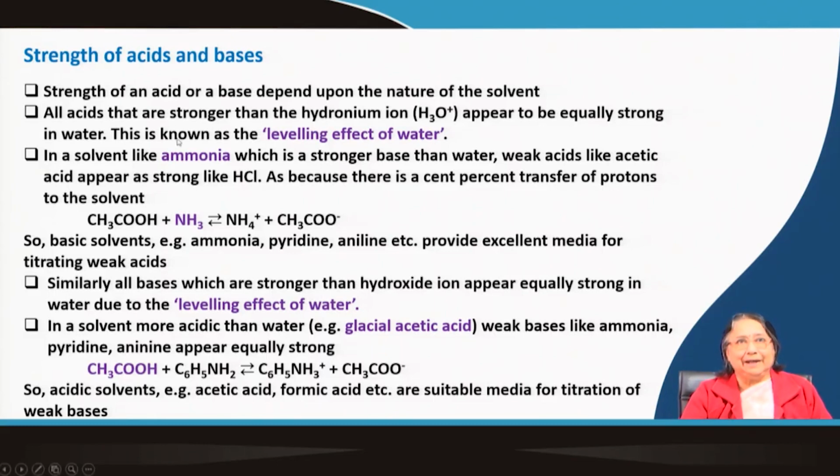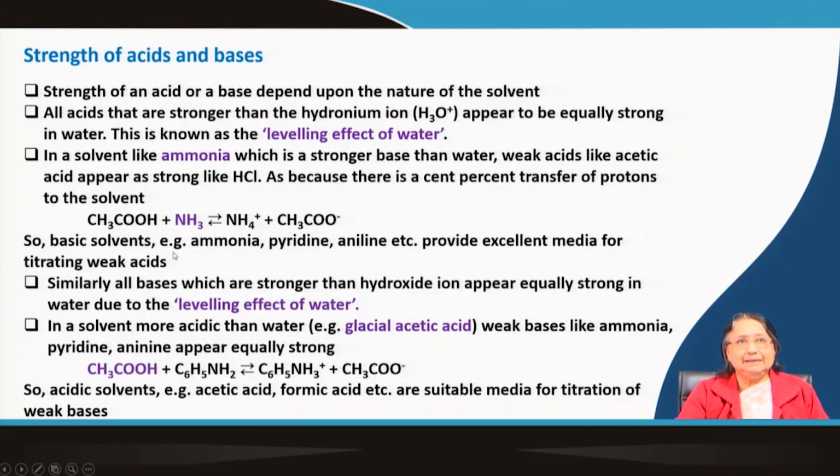But if you take ammonia as a solvent instead of water, the acetic acid will act as a strong acid, just like HCl in water, because there is a cent percent transfer of proton to the solvent. Very interesting. Not only ammonia, pyridine and aniline are also organic bases in which acetic acid will act as a strong acid.